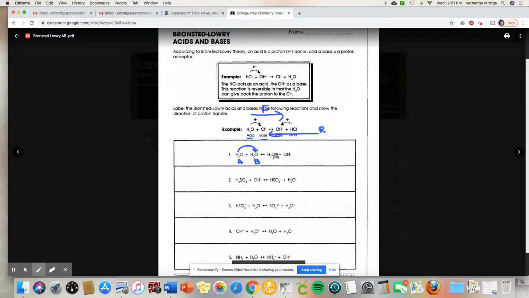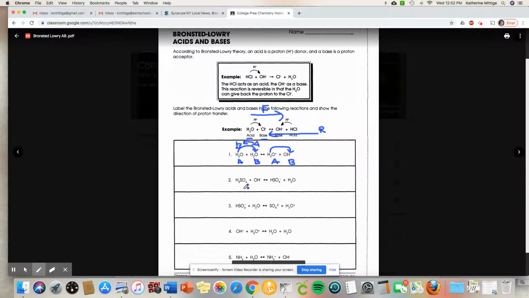How would H3O plus become H2O? Well, the only way is if it gave away an H+. So if it gives away, this must be our acid, this must be our base. I think the worksheet answer key says that this is the base and this is the acid. Remember, it doesn't matter because they're both water.